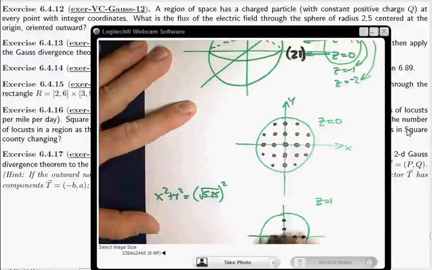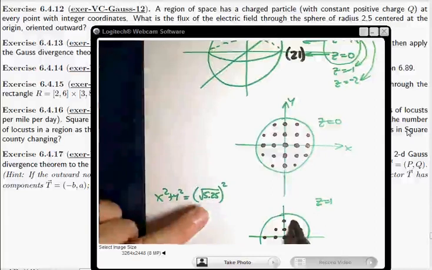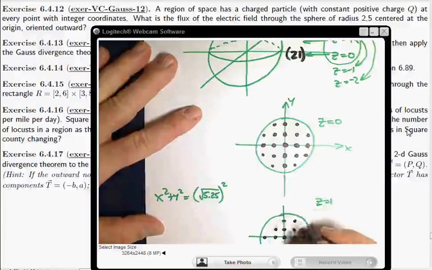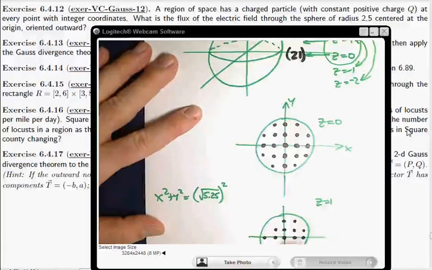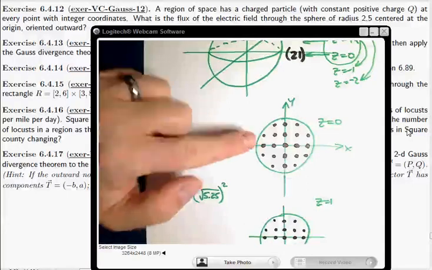Let's see. So that one, all of these are obviously in. Now again, we got to reconsider. It was a close call for 1, 2 previously. Square root of 5 is the distance to the origin, and square root of 5 1/4 is the radius of the circle, so it's barely in. So that one's in, that's in, and all the ones that had been in are still in.